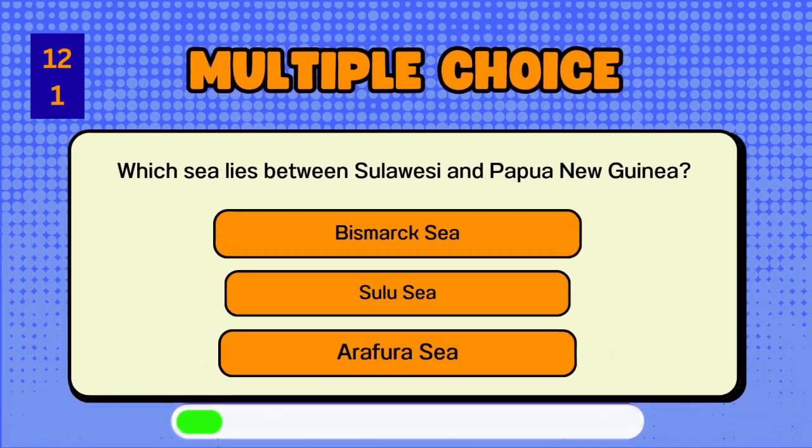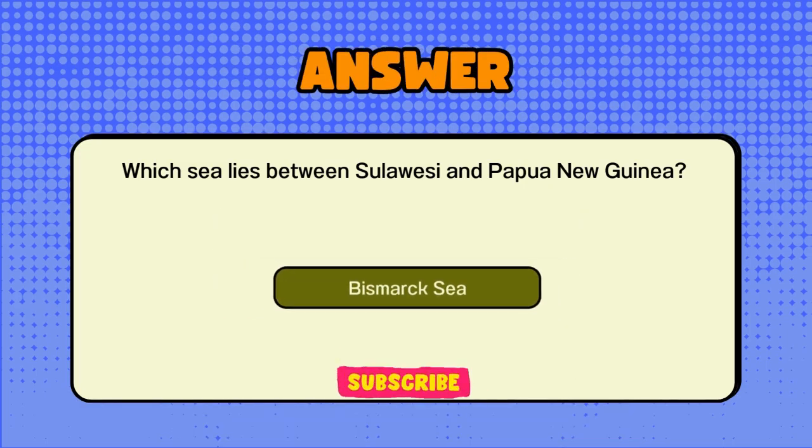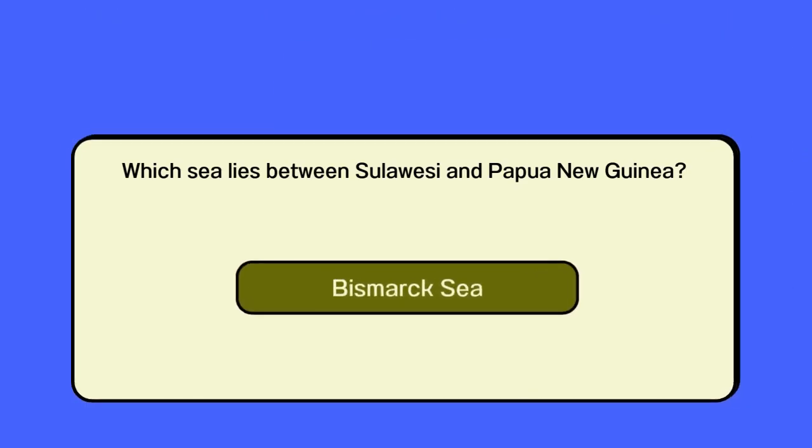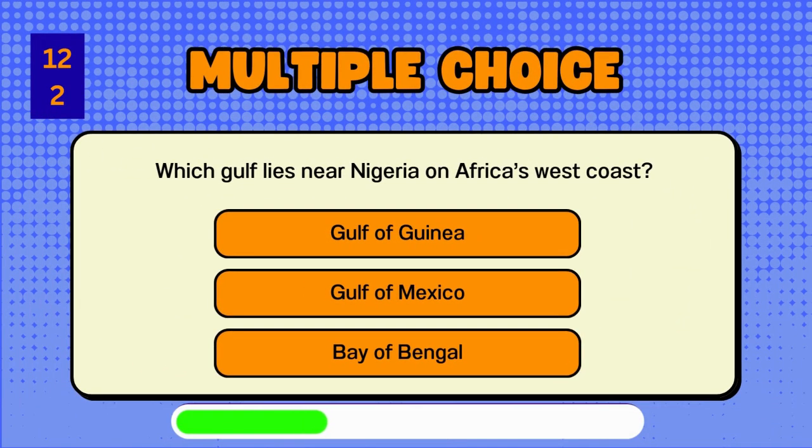Which sea lies between Sulawesi and Papua New Guinea? Which gulf lies near Nigeria on Africa's west coast?